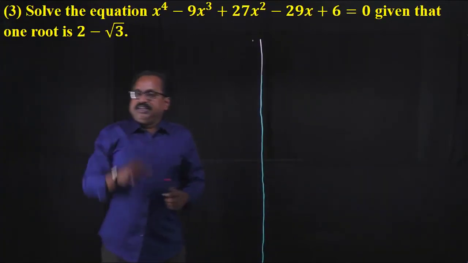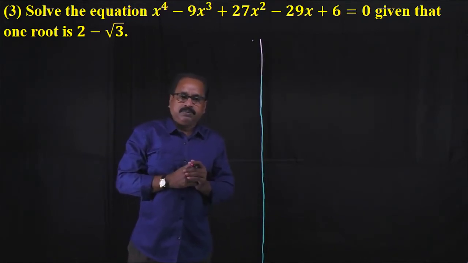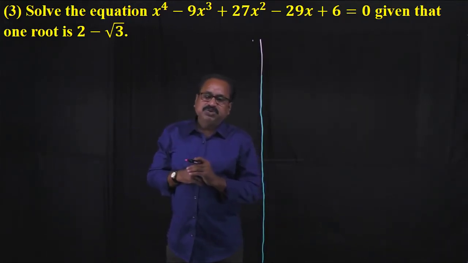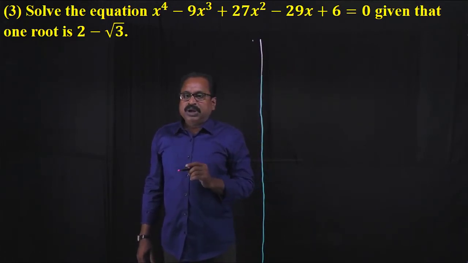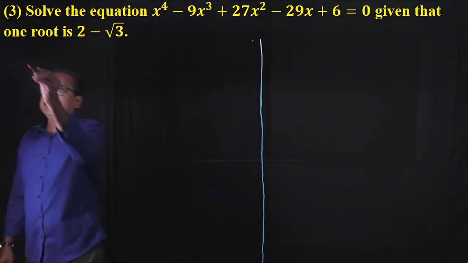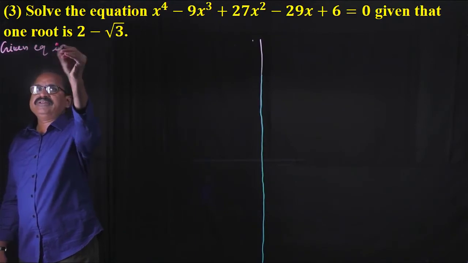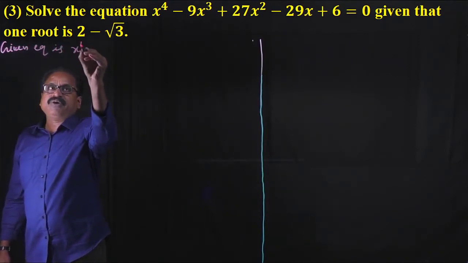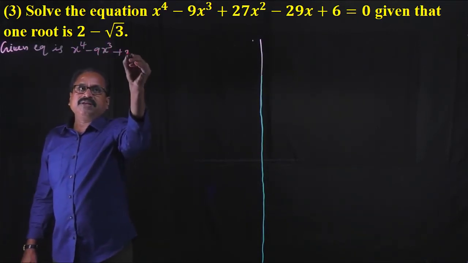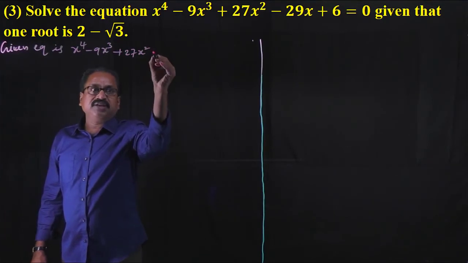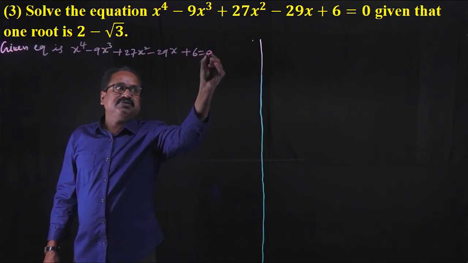Now third question is solve the equation x power 4 minus 9x cube plus 27x square minus 29x plus 6 is equal to 0, given that one root is 2 minus root 3. Given equation is x power 4 minus 9x cube plus 27x square minus 29x plus 6 is equal to 0.